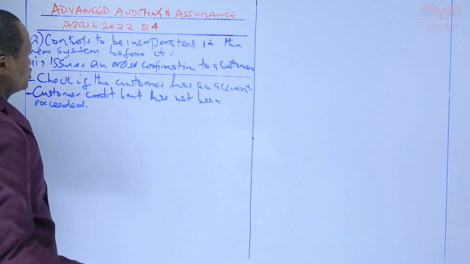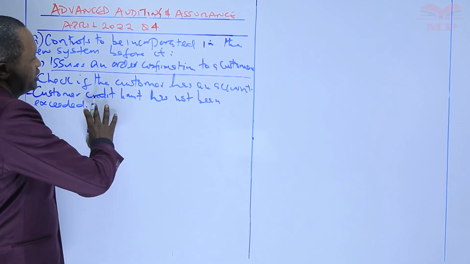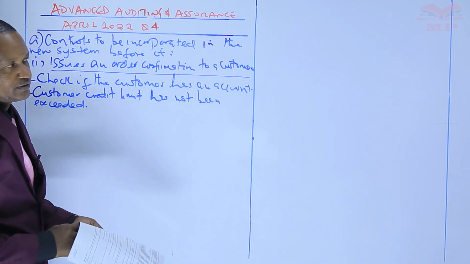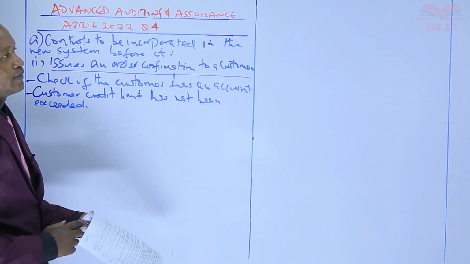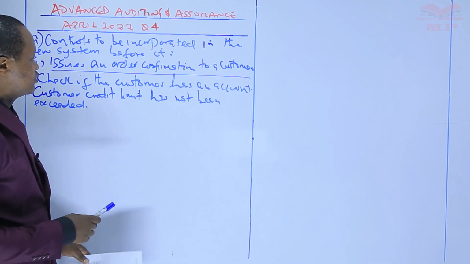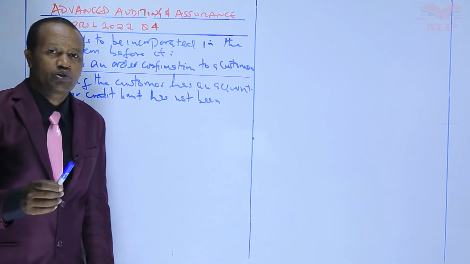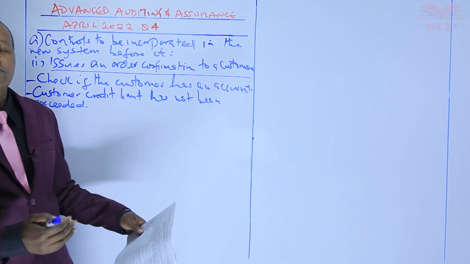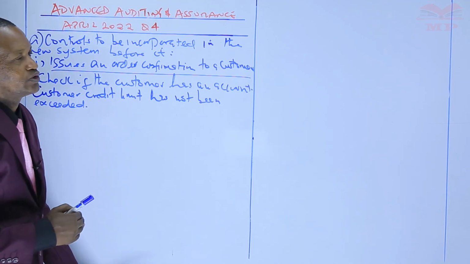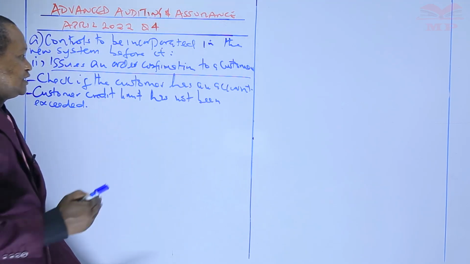The system should be able to detect the credit limit of customers, because there are some customers who have limits of amount that they should be supplied goods on credit. So the system should be able to check customer credit limit, whether it has been exceeded or not. It should be able to detect and give a notice or a signal that the limit has been reached, so that customers are not sold goods on credit beyond the credit limit.